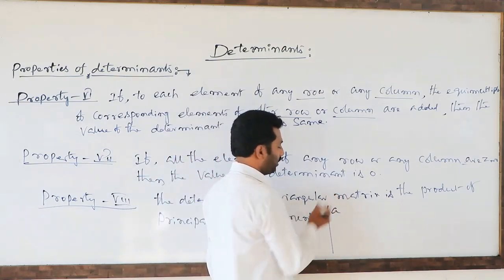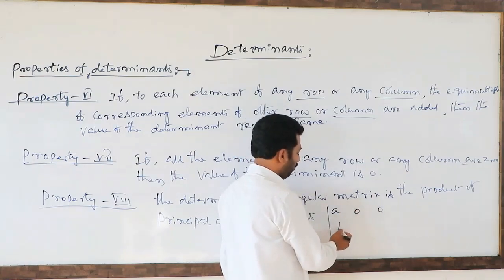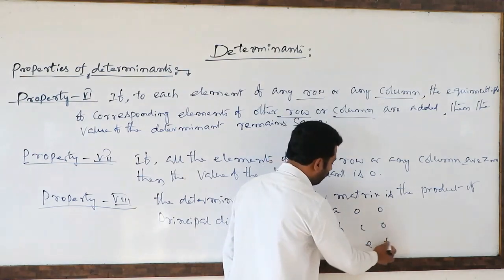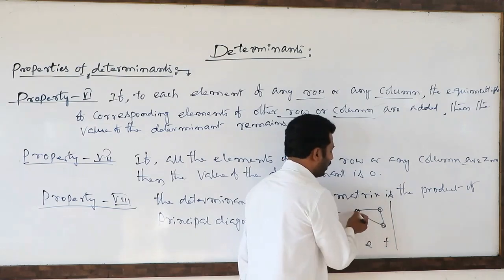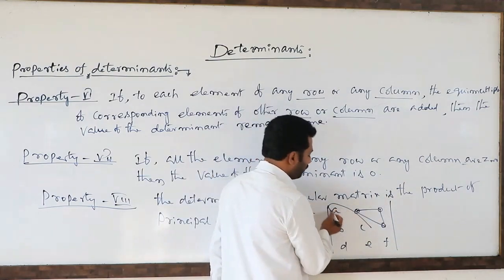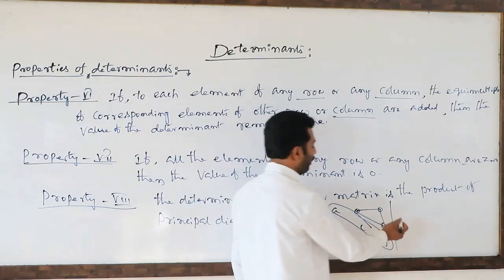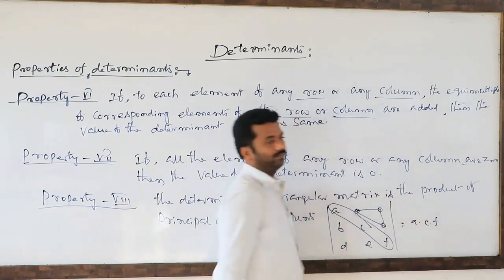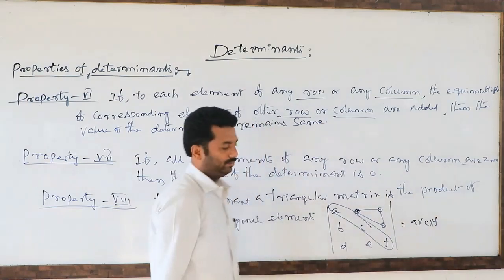Lower triangular matrix I will write as A 0 0, B C 0, D E F. So for this determinant, the product of the principal diagonal elements has the value A into C into F.